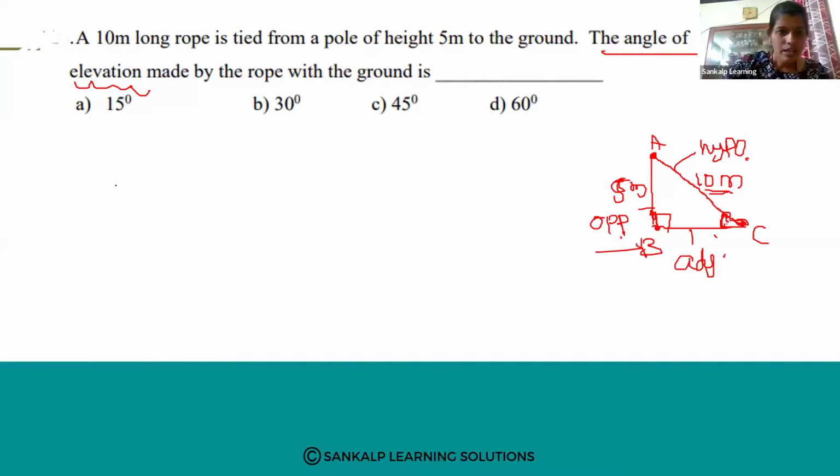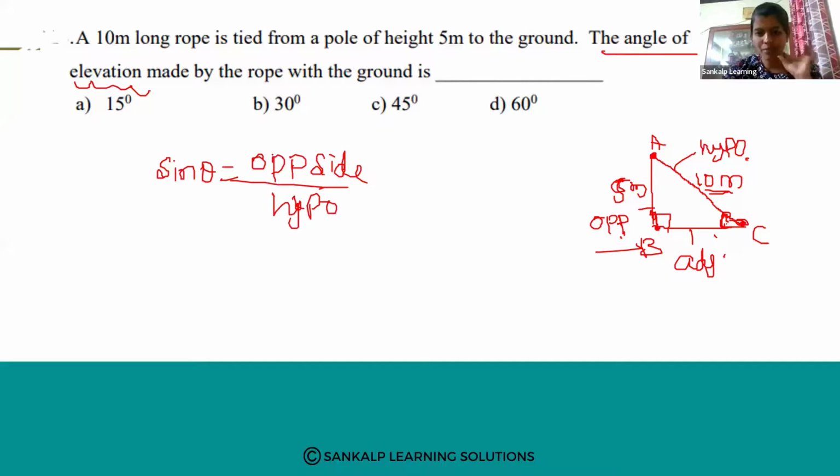So in which ratio will you find opposite side divided by hypotenuse? That is sin theta. Sin theta is equal to opposite side divided by hypotenuse. Yes or no? Here we know the opposite side is 5 and hypotenuse is 10.